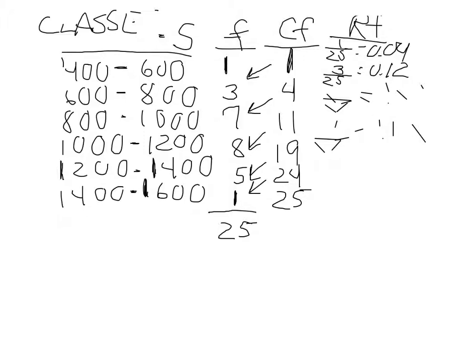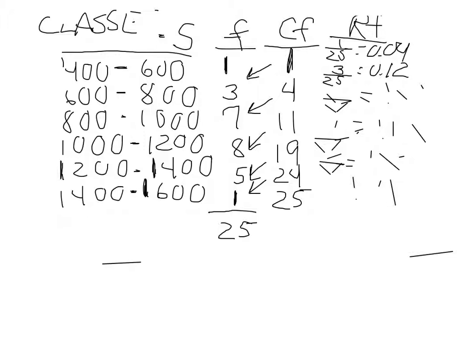You have 5 over 25, which is 0.20, and another 1 over 25, which is 0.04. Okay?